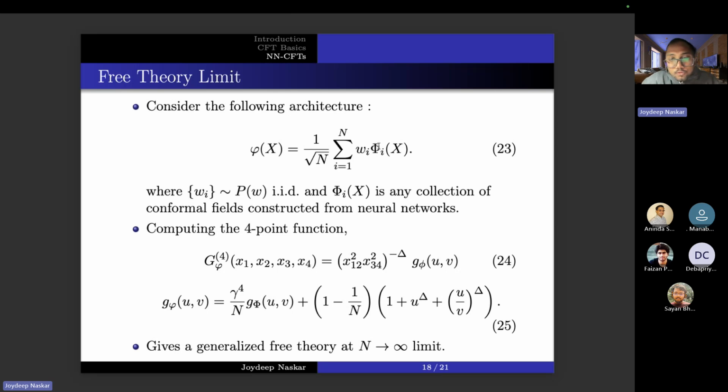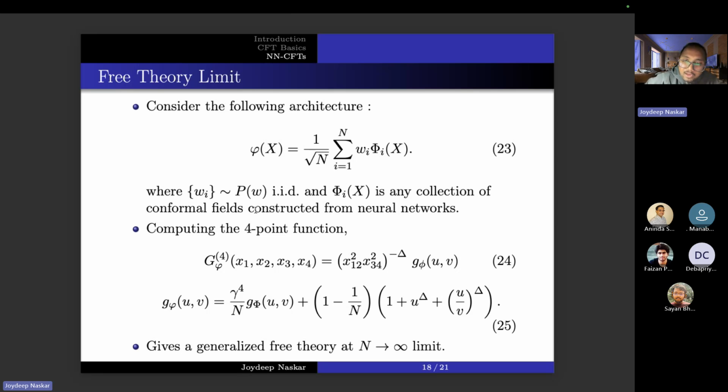Let's consider this phi to be the field that we were talking about so far, or some other field with some other scaling dimension, positive, negative, whatever you like, and you just sum over a large number of them, let's say capital N of them, and you define a new field using a linear combination of your old fields.